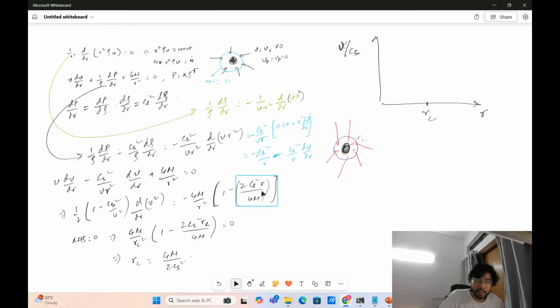So that's what we are going to see, right? If you see that at RC, this term is becoming zero, right? So if the RHS becomes zero, then there are only two possibilities. Either this term is zero or this term is zero, right? So if the RHS becomes zero, the LHS also has to be zero. So either this is zero or del V square del R is zero.